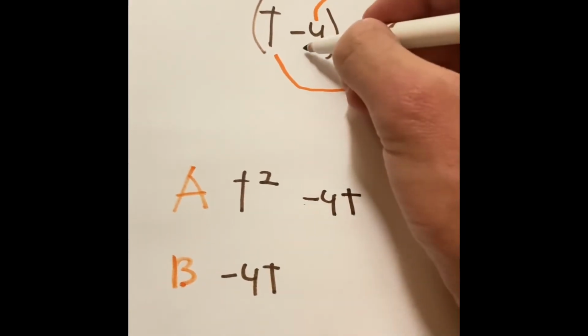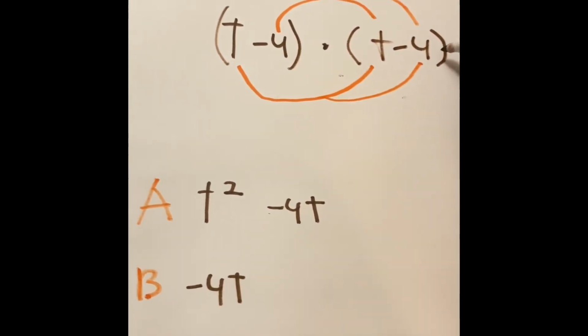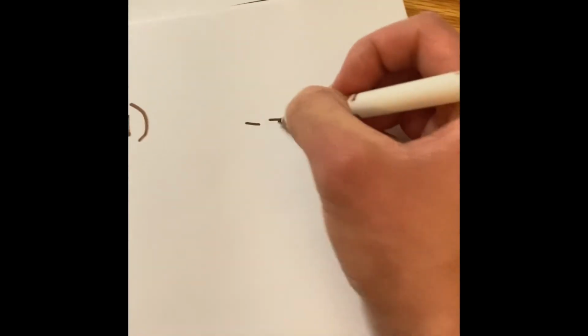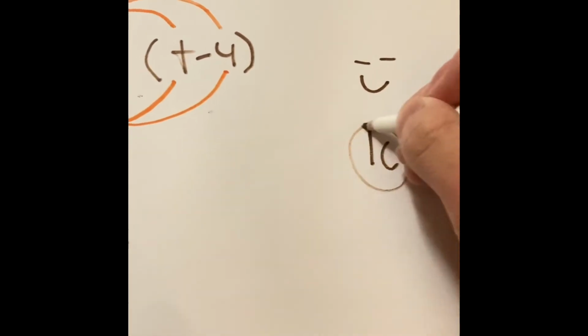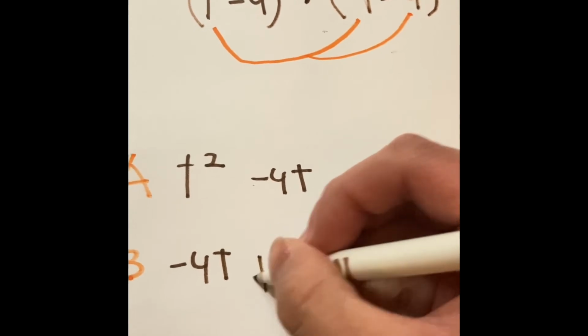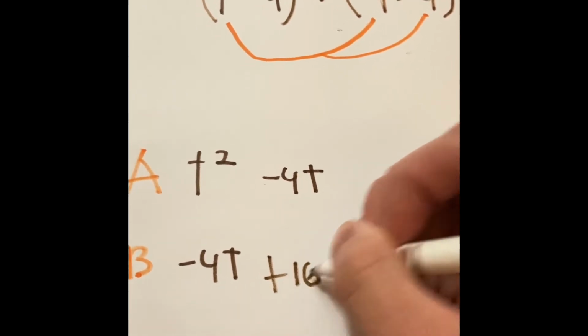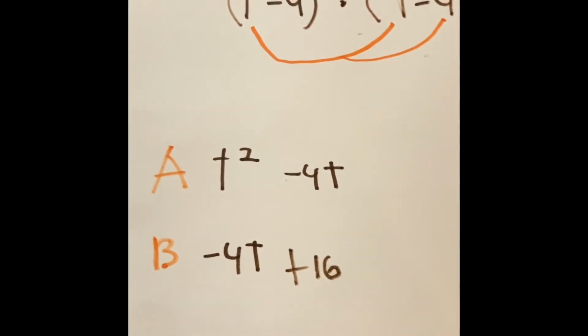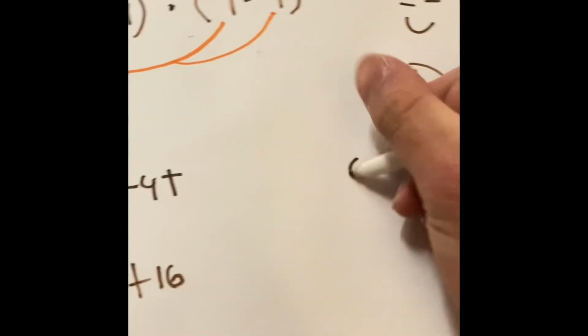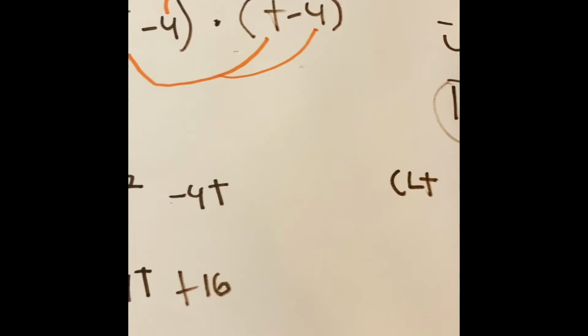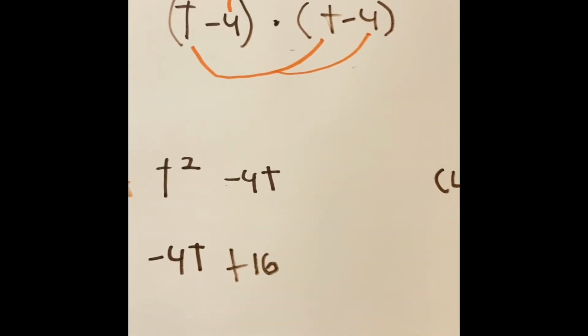And -4 multiplied by -4, a negative times a negative is positive, so that's a positive 16. What we just did is come up with two expressions. Now we get to combine the like terms, and we'll get our final answer.